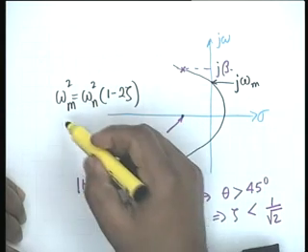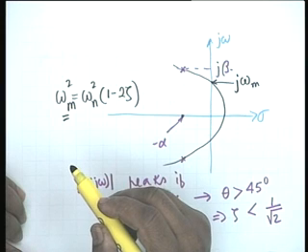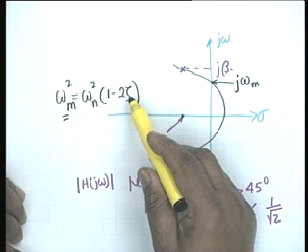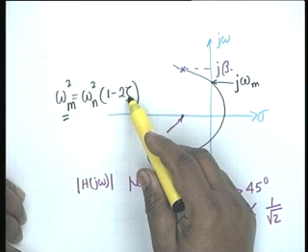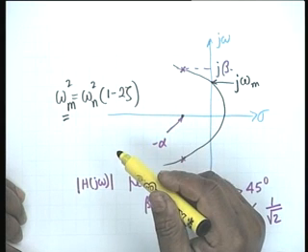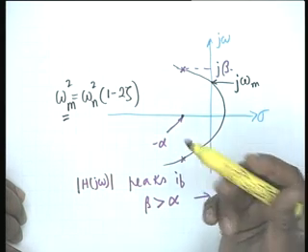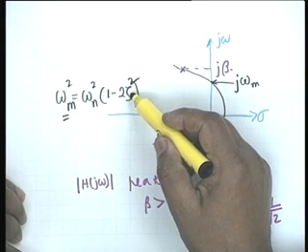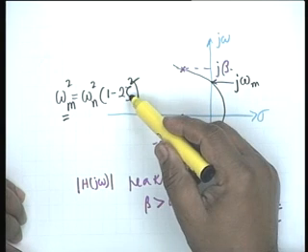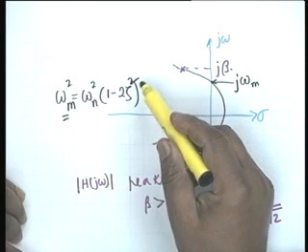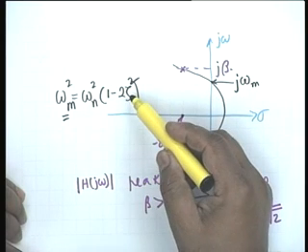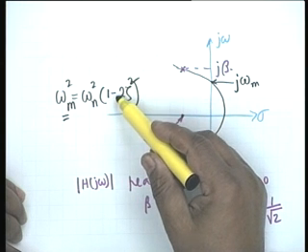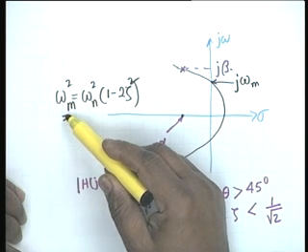All right. This is the frequency at which the peaking occurs. This also shows that if zeta is greater than 1 by root 2, then this quantity is negative and therefore there is no maximum. Zeta equal to 1 by root 2 is a critical condition under which the maximum occurs at 0 frequency.